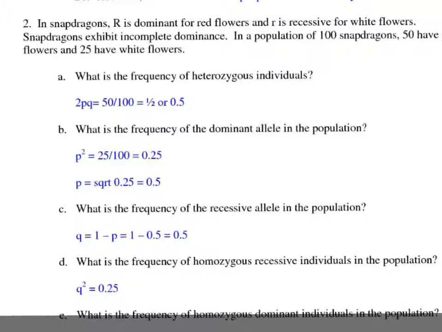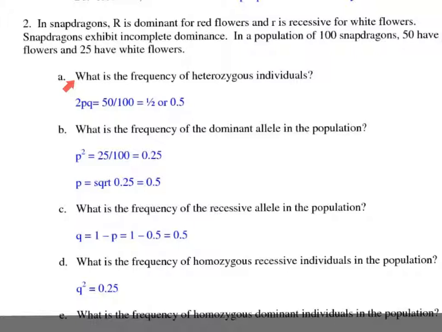In this example problem, we are dealing with snapdragons, which are flowers. And snapdragons, R is dominant for red and little r is recessive for white. Snapdragons exhibit incomplete dominance, where big R, little r would be pink. In a population of 100 snapdragons, 50 would be pink and 25 would be white, 25 would be red.